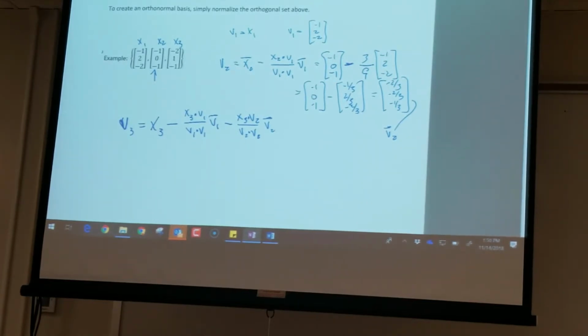Let's think about that. We found v2. Who is v2? So Matt was the first one, and Jay was the second one, but then we projected Matt onto Jay, and we got Alan, and then we subtracted, so Shem is the second one.